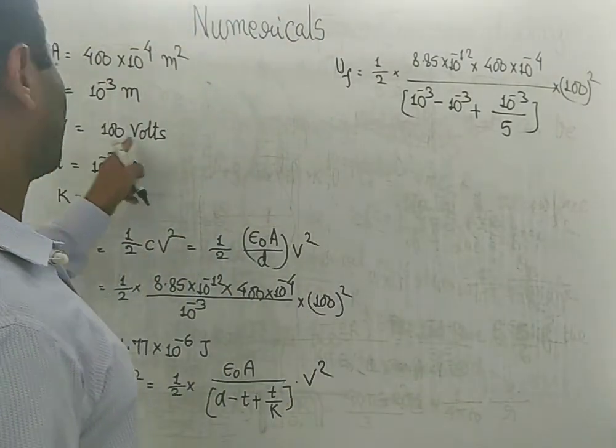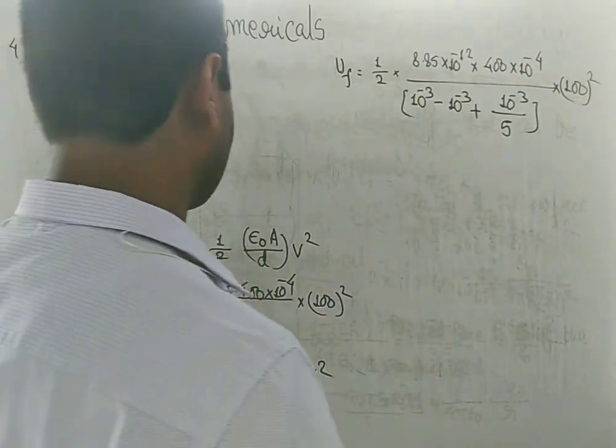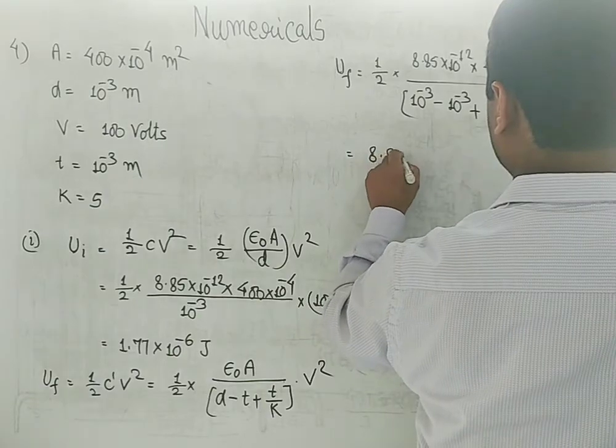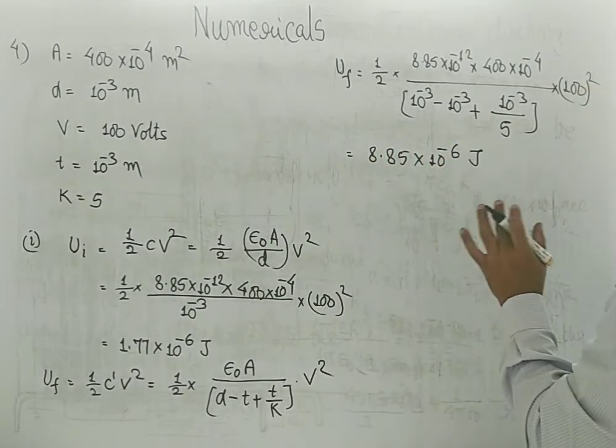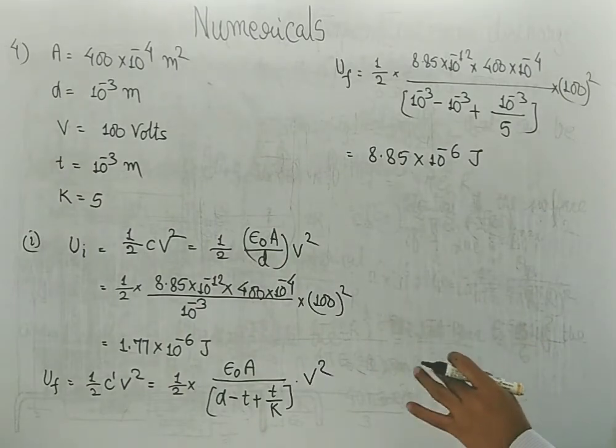So this way we have all those values. Now we get 8.85 into 10 to the power minus 6 joule. This much energy will be there.